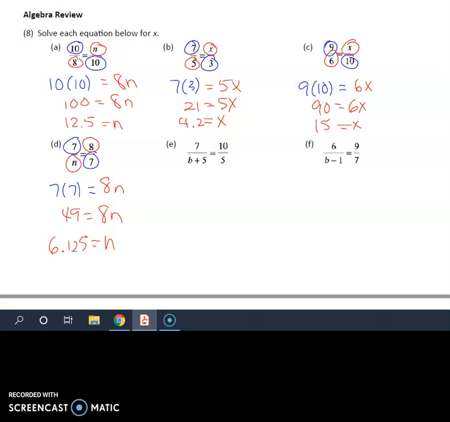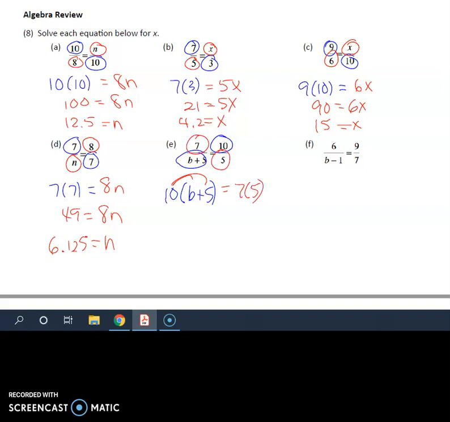In problem E, we'll go ahead and talk about this one. I'm going to be careful when multiplying the 10, because we're multiplying the 10 to both the B and the 5. So going back to algebra, it's called the distributive property. And then we multiply the 7 times the 5.